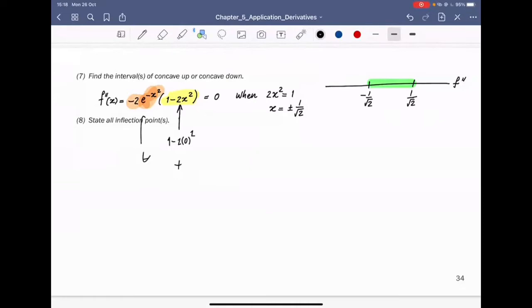So negative times positive, well, this is going to be negative. This is how you figure out the sign. So this is going to be negative, positive, and positive. Sounds good? Well, you need to figure out the sign by yourself.